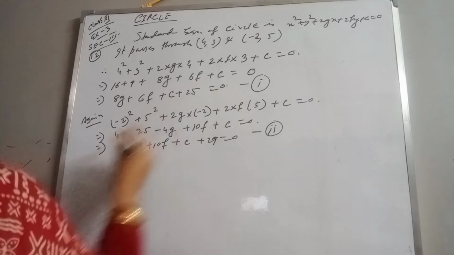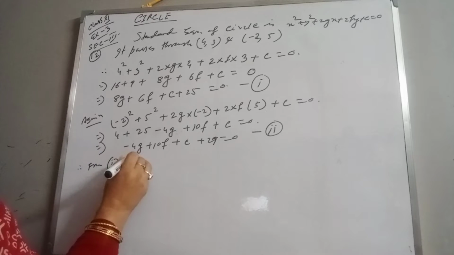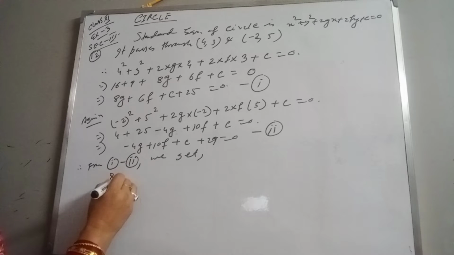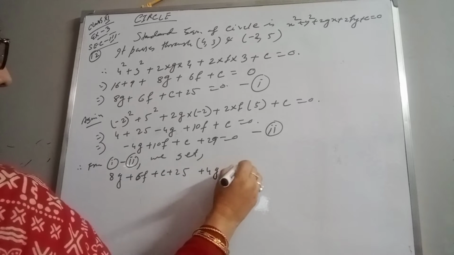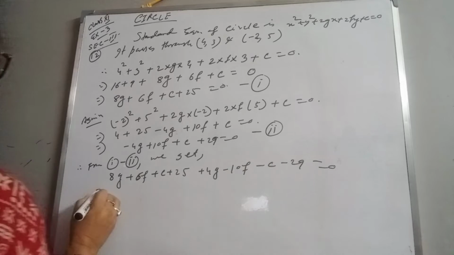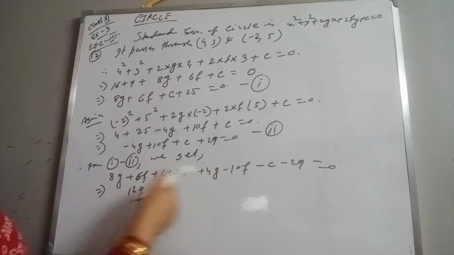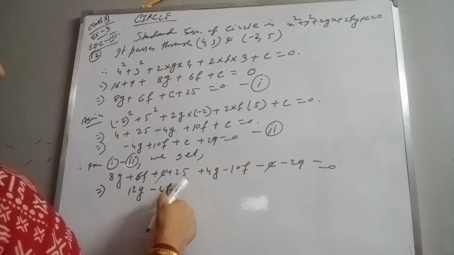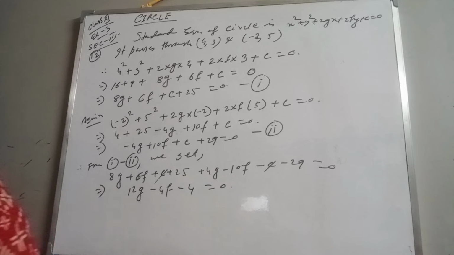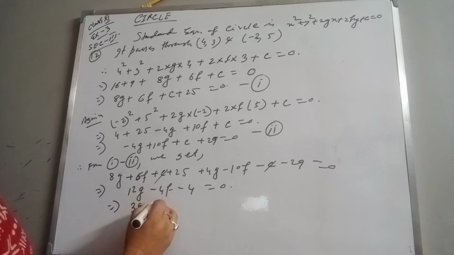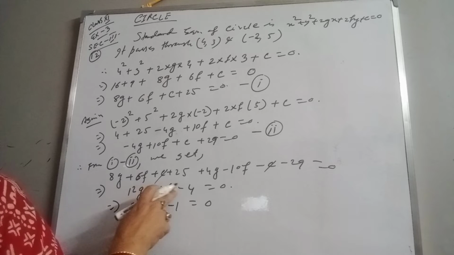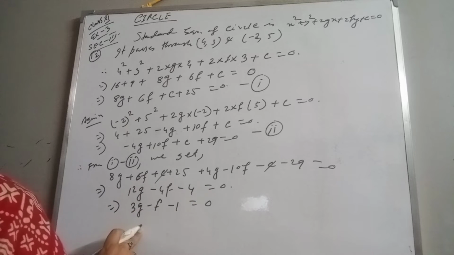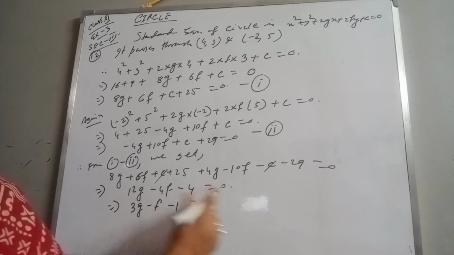Now, subtracting 2 from 1, it is coming 3g minus f minus 1 equals to 0. Make it equation number 3.